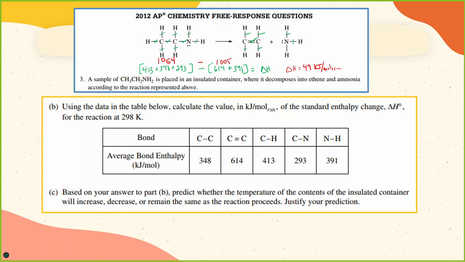So the temperature of the contents of the insulated container should have decreased, because if you're measuring it with the thermometer, it should be from the surroundings perspective. This is endothermic. That means energy is being absorbed from the surroundings into the system. So the surroundings get colder where the thermometer is. And that's what you would say there. But you can check out the perfect wording on the scoring guidelines too.